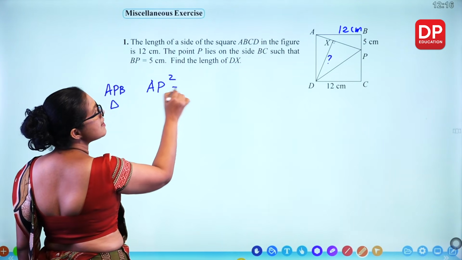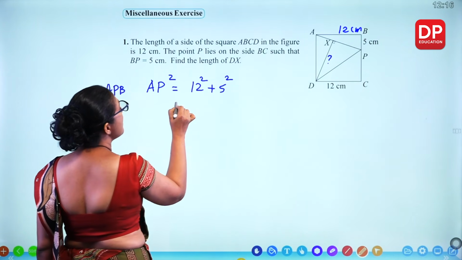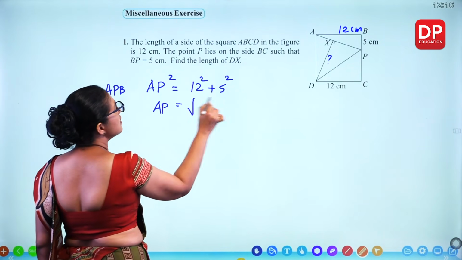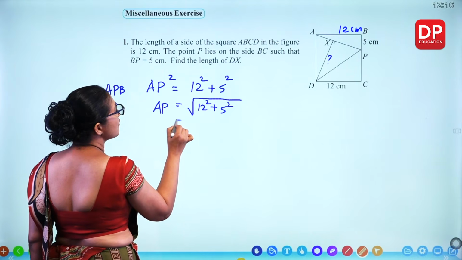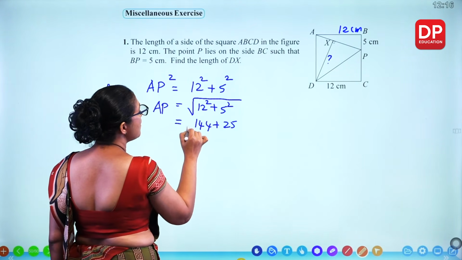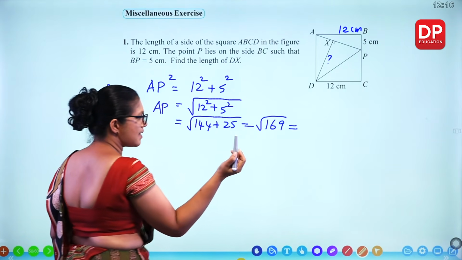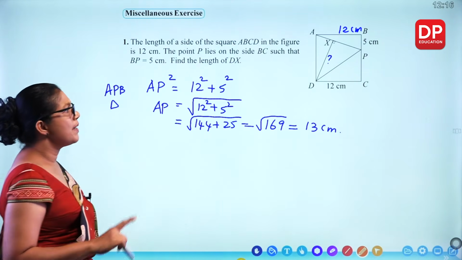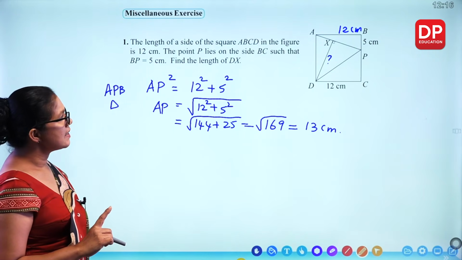AP squared is equal to 12 squared plus 5 squared, and when you take the square root, you can find out AP length. What's that? 12 squared is 144 plus 25, you get 169. Square root of 169 is 13 centimeters. So AP length is 13 centimeters.